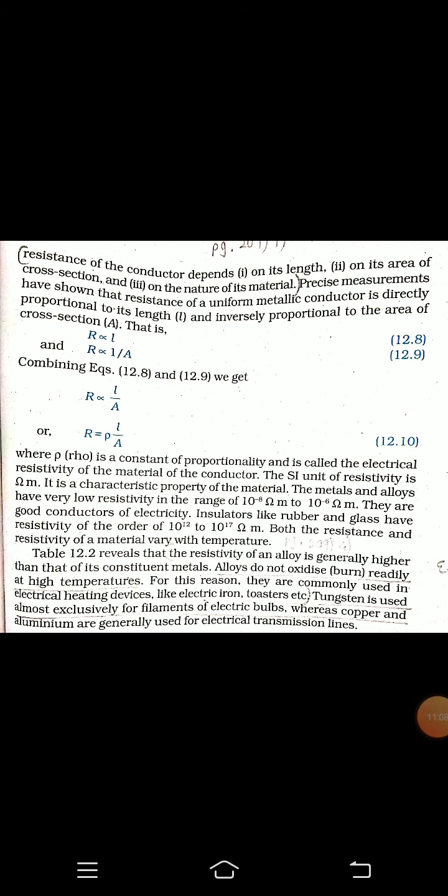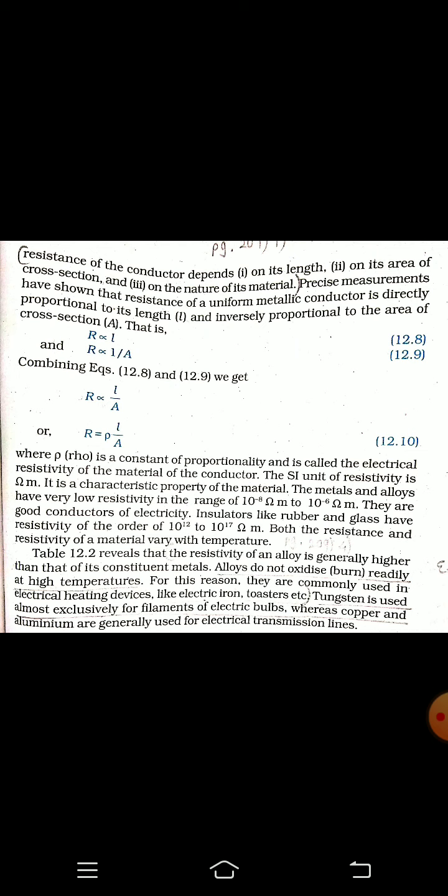It is a characteristic property of the material. The metals and alloys have very low resistivity in the range of 10 raised to minus 8 ohm into meter to 10 raised to minus 6 ohm into meter. They are good conductors of electricity. When they are good conductors of electricity, what does that mean?